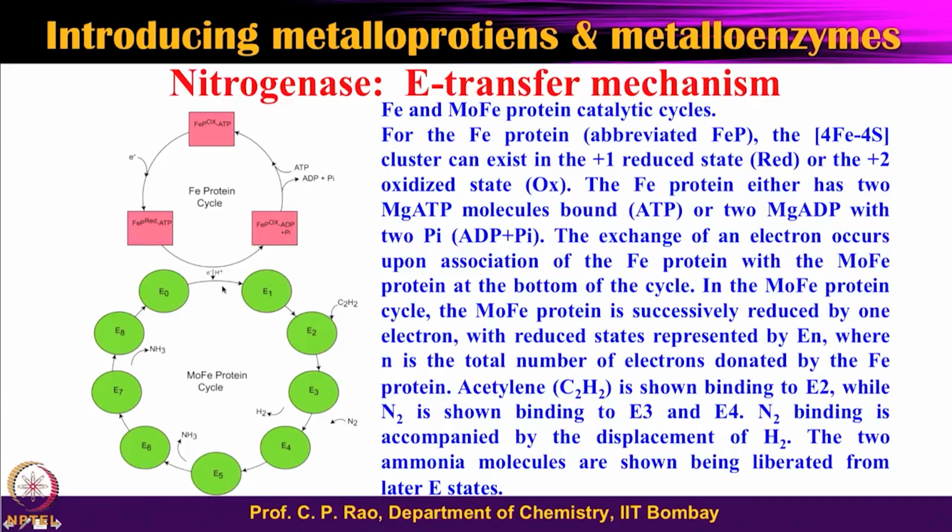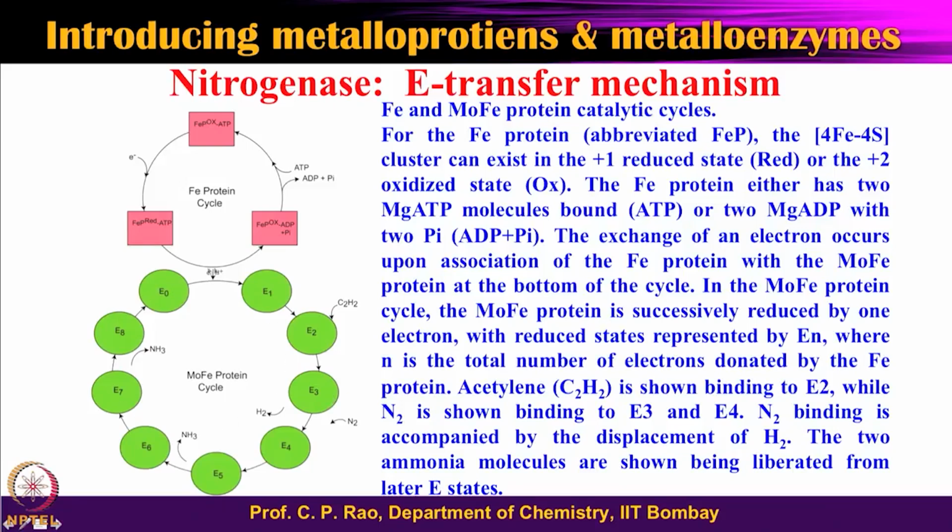You can see that the cofactor we refer to as E1 when one electron is added, E2 when one more electron is added, E3 when one more electron is added, E4 when one more is added, then E5, E6, E7, E8. That is how it goes.